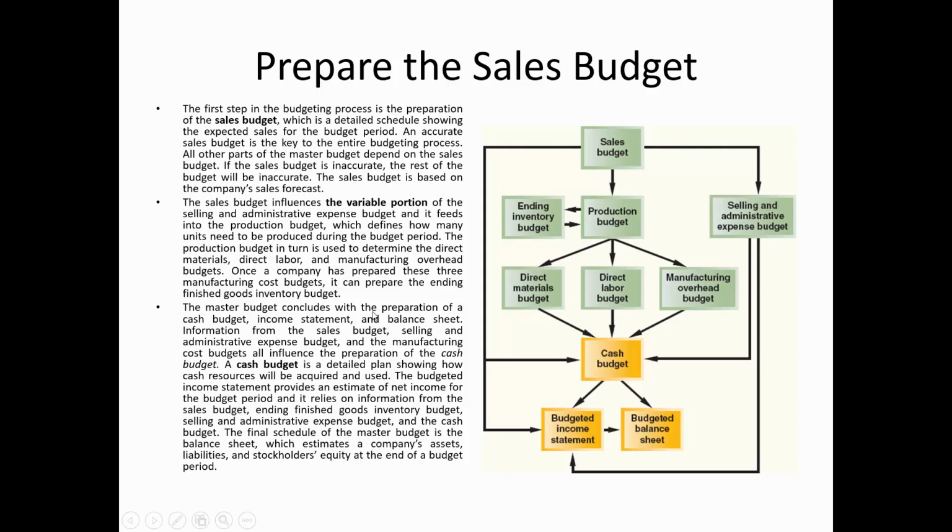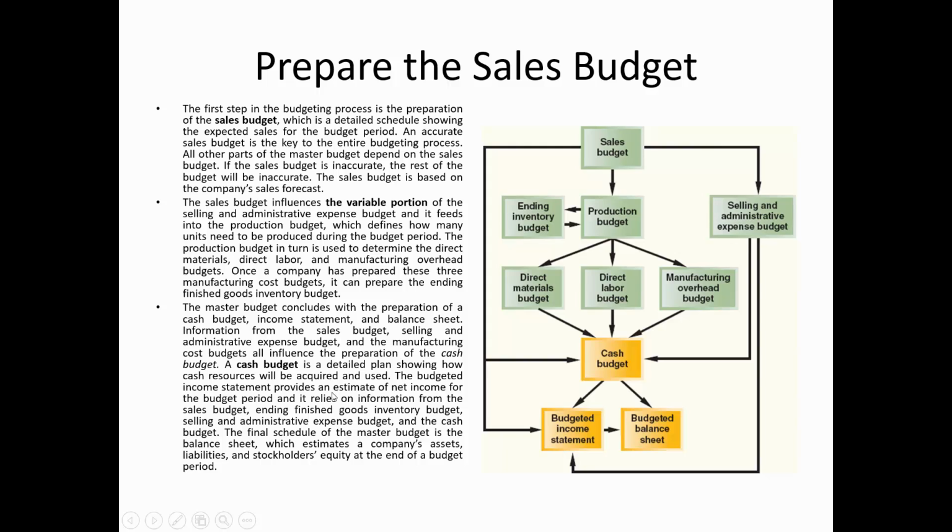The master budget concludes with the preparation of the cash budget, the budgeted income statement, and the budgeted balance sheet. Information from the sales budget, the selling and admin expense budget, and the manufacturing cost budgets, direct materials, direct labor, and manufacturing overhead, all influence the preparation of the cash budget. The cash budget is a detailed plan showing how cash resources will be acquired and used.